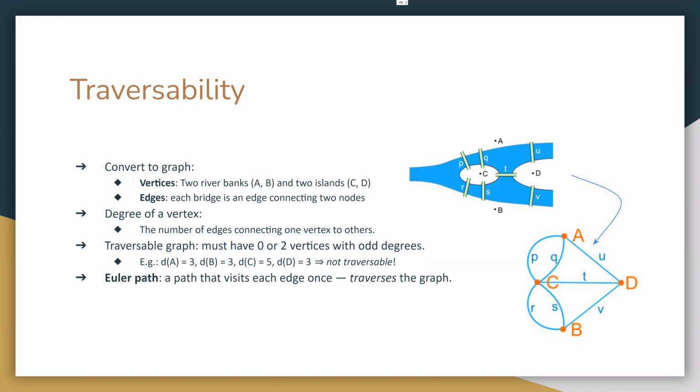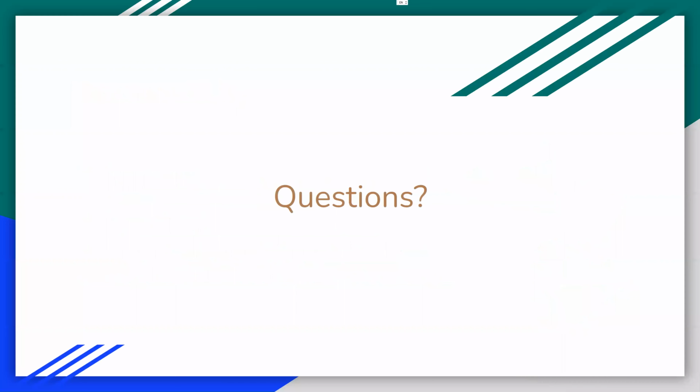That's called an Euler path. So that means the graph has to be traversable. That's the problem of traversability.